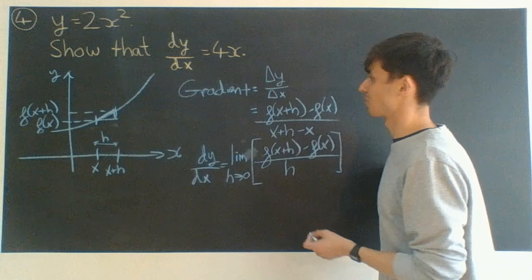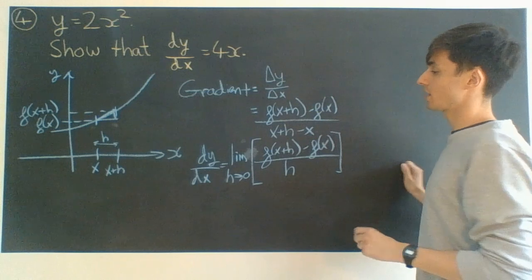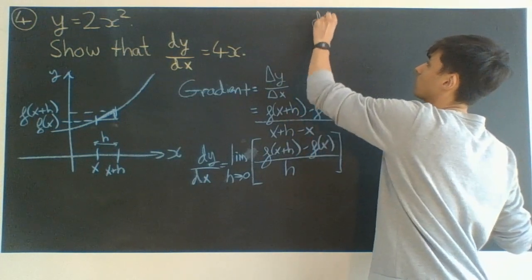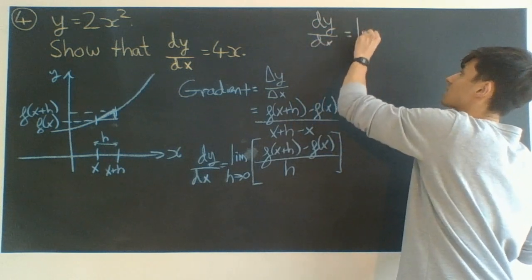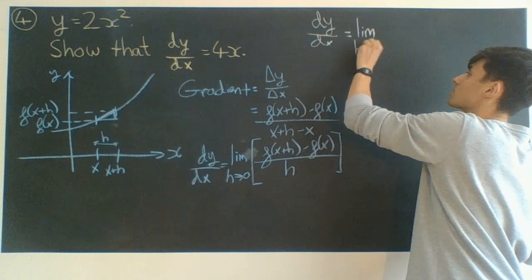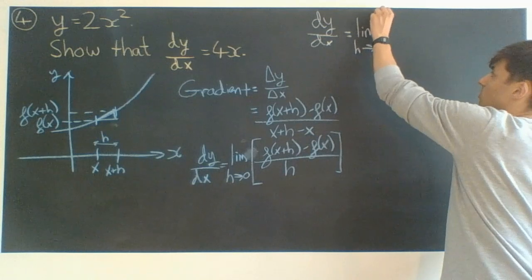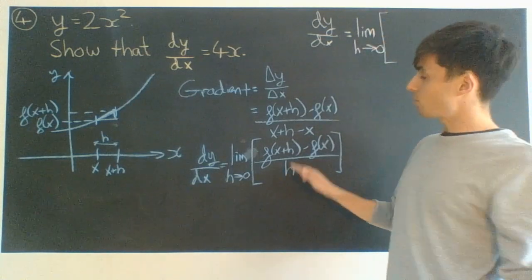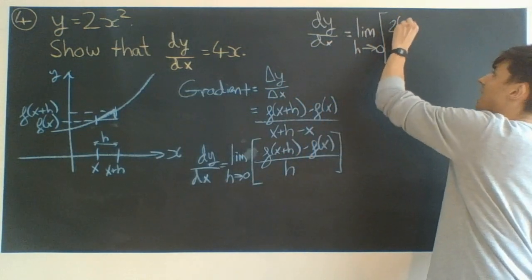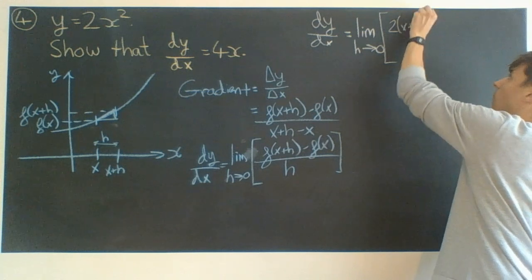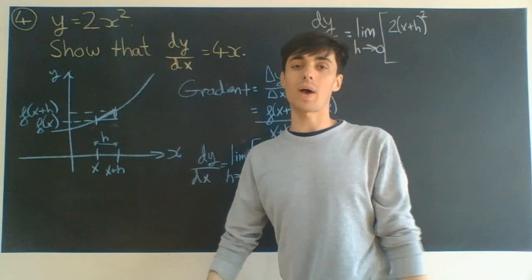Let's try it then. We should think about these things. So if y is 2x squared, let's write this down. dy dx will be the limit as h goes to 0 of f of x plus h, so we need our big square brackets. f of x plus h is going to be 2 lots of x plus h squared.